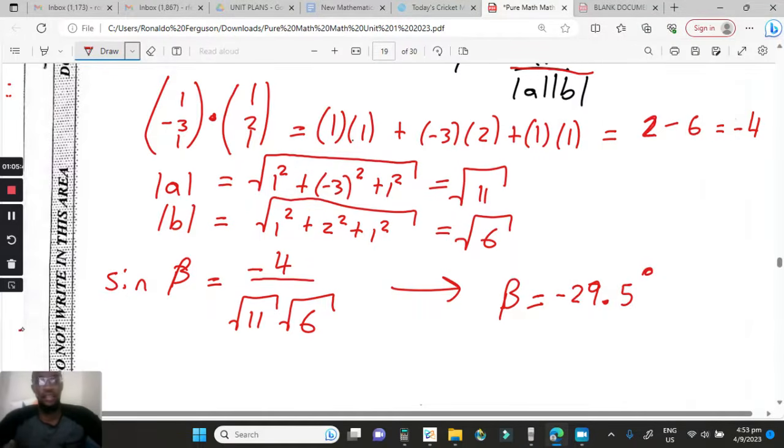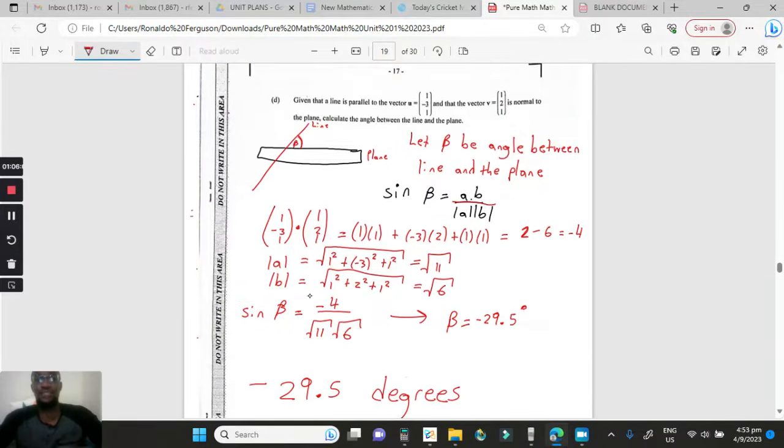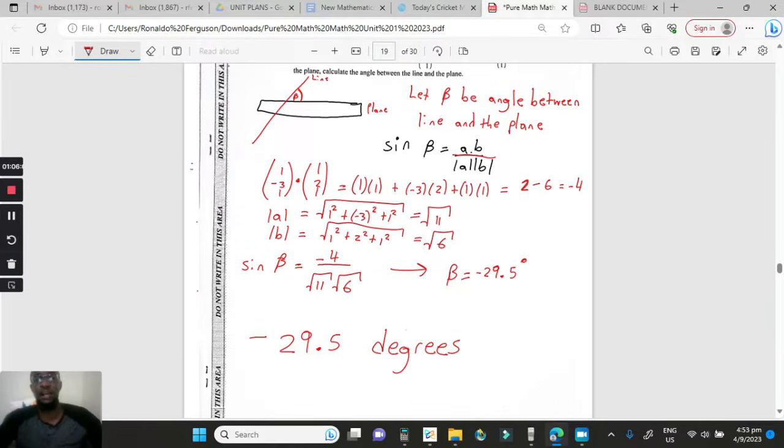So that's it. Always give your answer to 3 significant figures. So that's the angle between the line and the plane, negative 29.5 degrees. Always remember positive and negative, you take into account the direction. That's all.